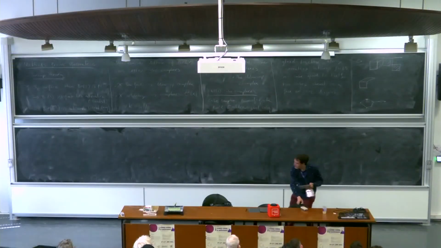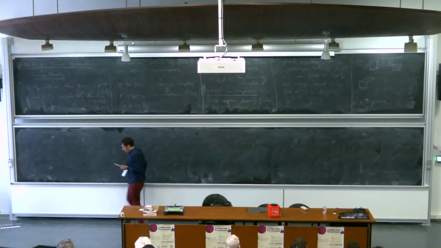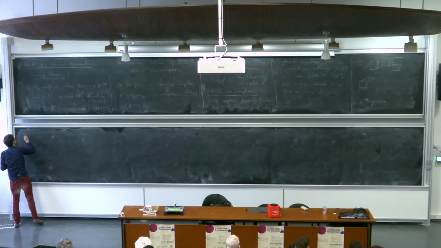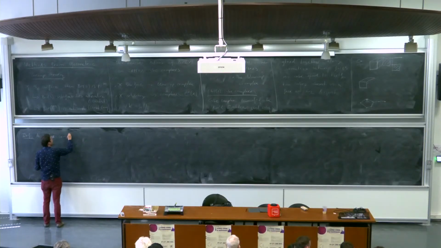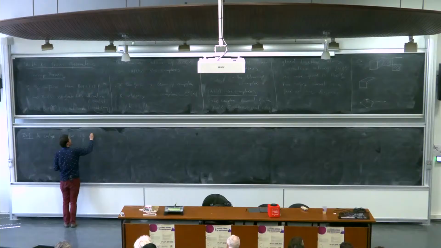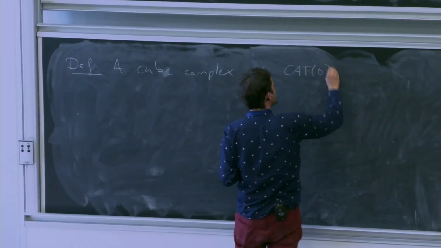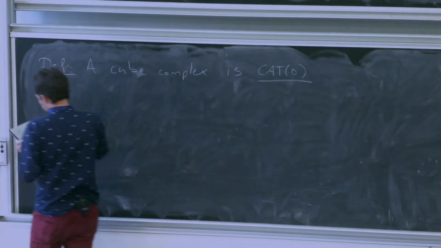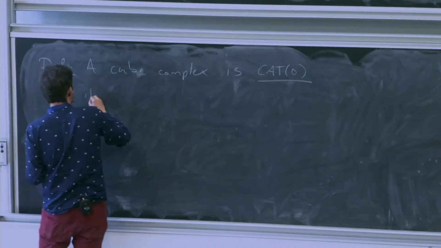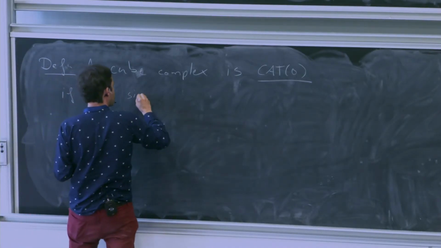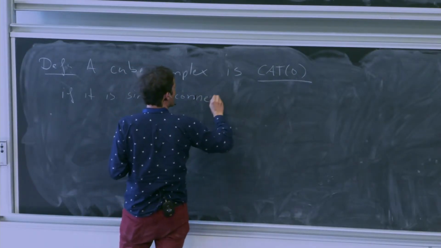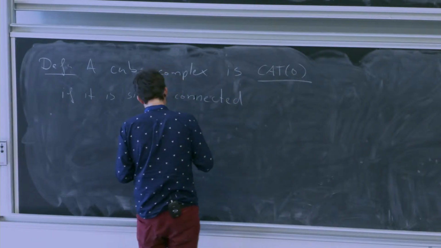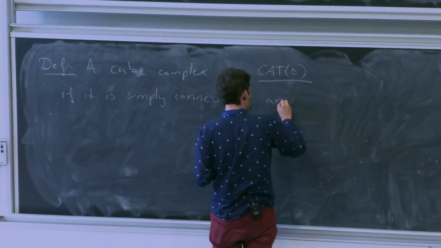Good. Okay. And now we can make the definition. We say a cube complex is CAT(0) if it is simply connected and if all its links are flag.